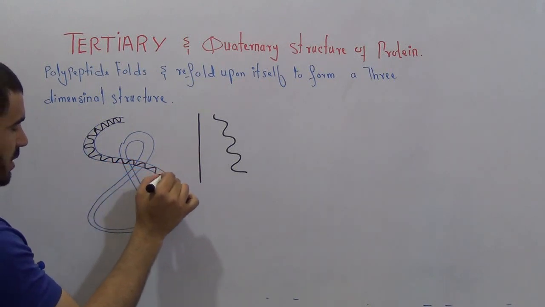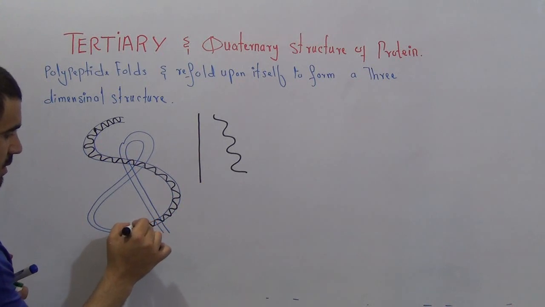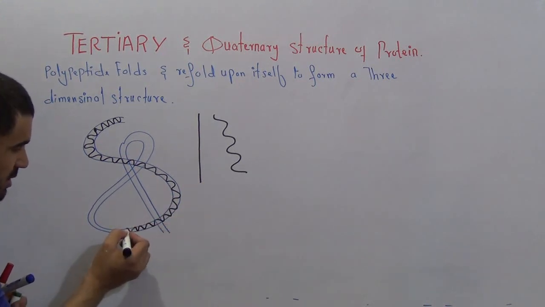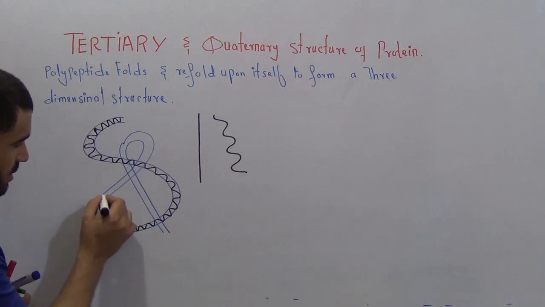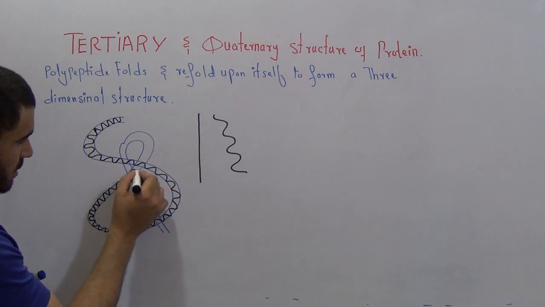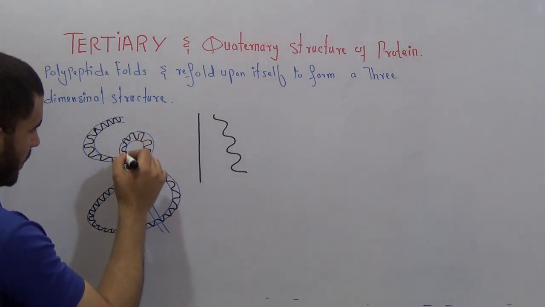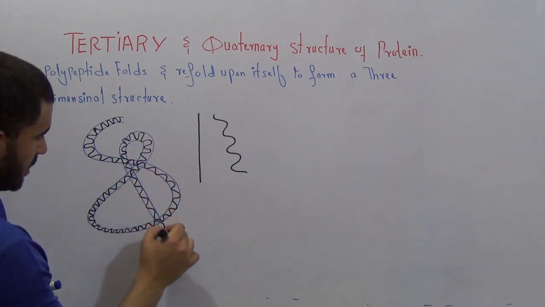But if you see here, that secondary structure is already folded, it is already twisted. Now it is going to refold upon itself. Let's see, now it has refolded upon itself.